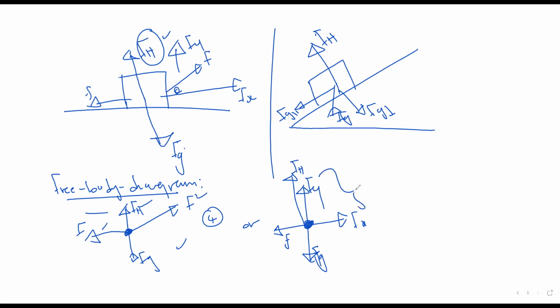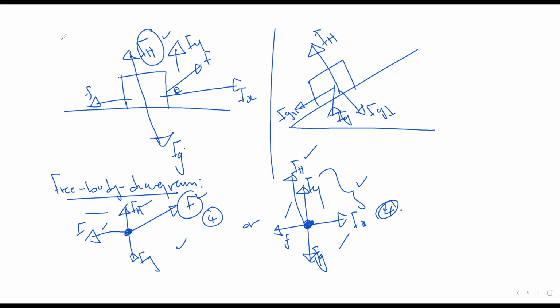These ones take 1 mark each, then 1, 2, 3, 4, then it is 4 marks again. You see, so basically you choose whether you want to write the free body diagram in terms of the original force or components.